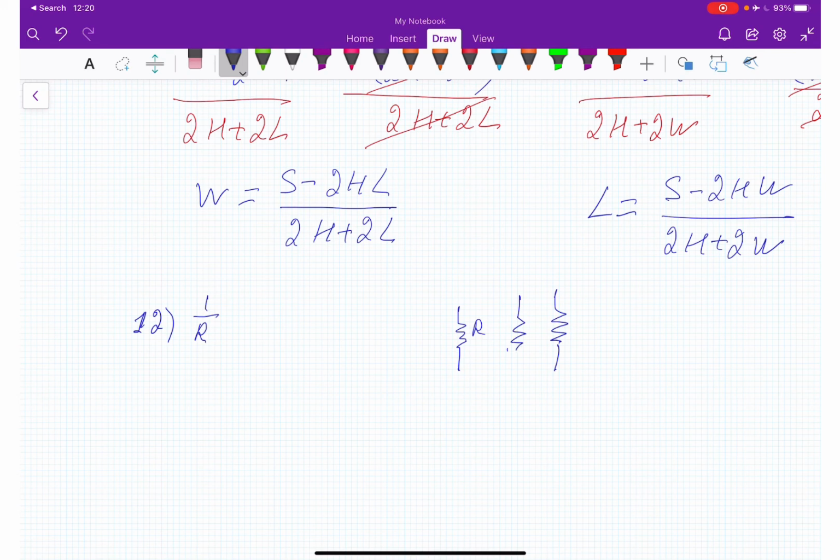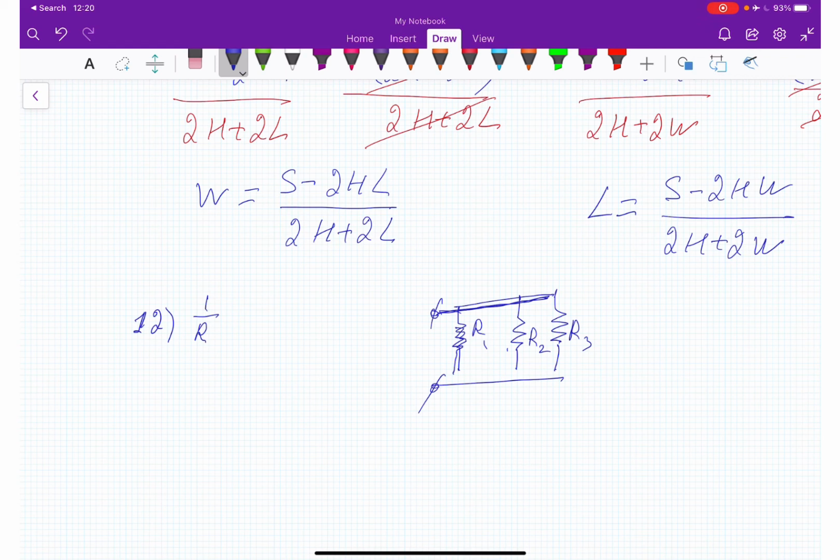1, 2, 3. And here is also 1, 2, 3. Okay. So, we want to know if you connect in parallel 3 resistances, 1, 2, 3, how much will be the resistance on the output? Total resistance.